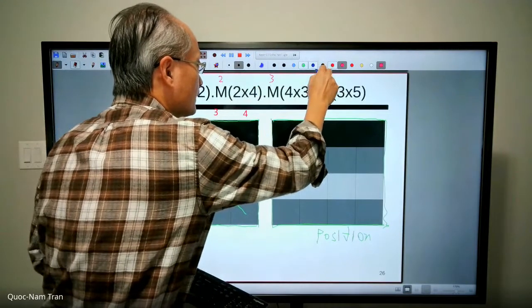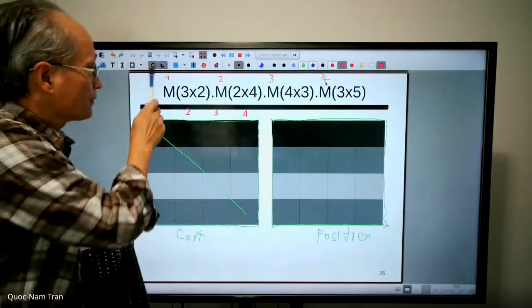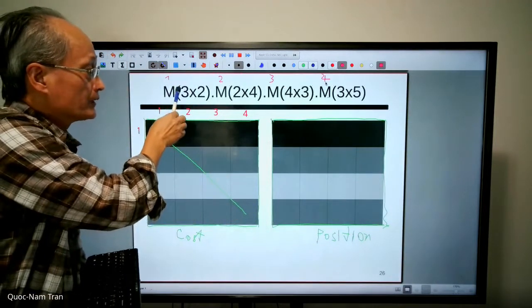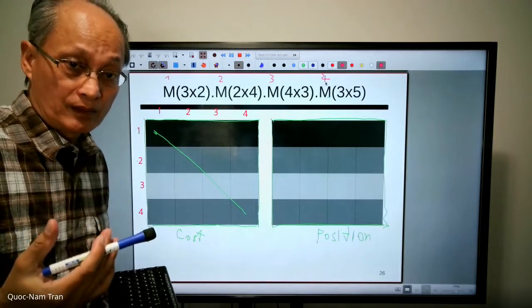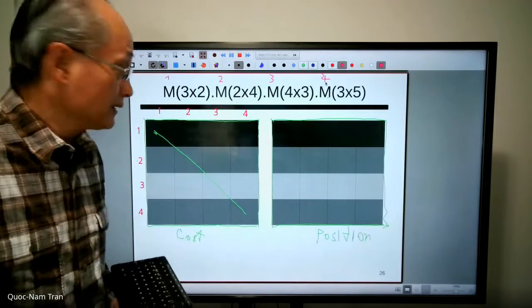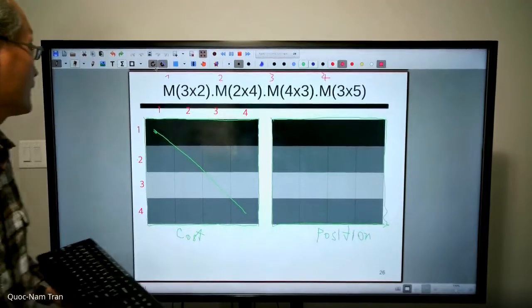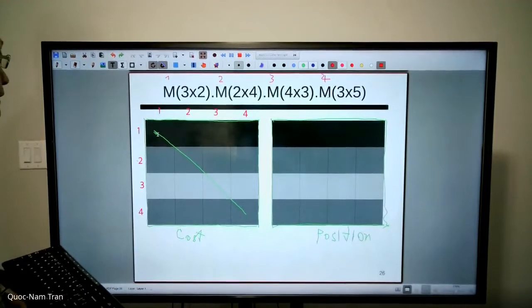and 4, right? So if multiplying a sequence from matrix 1 to matrix 1, the cost will be 0, right? Because you have 1 matrix, you don't have to multiply anything. So the cost here will be 0.